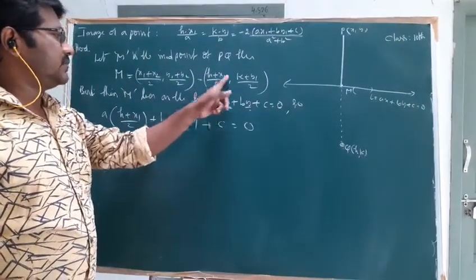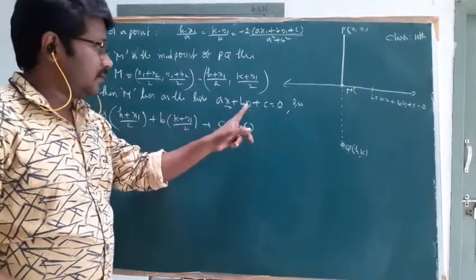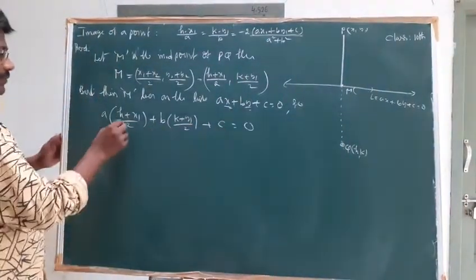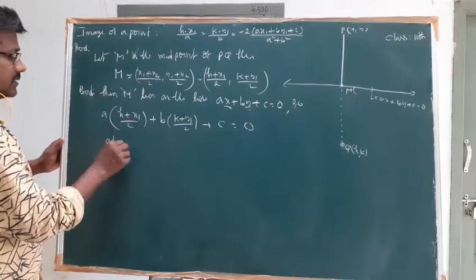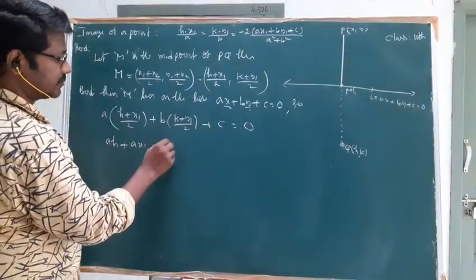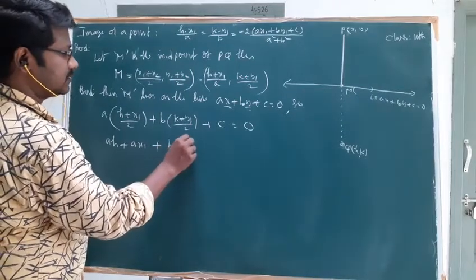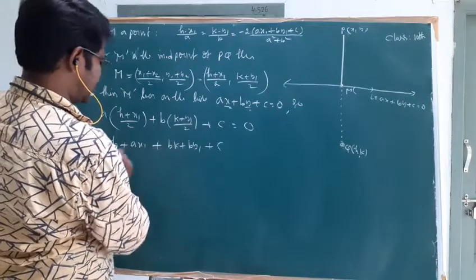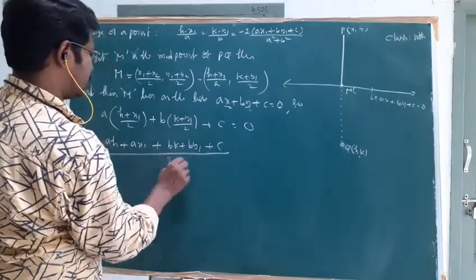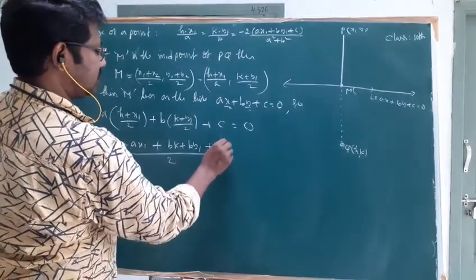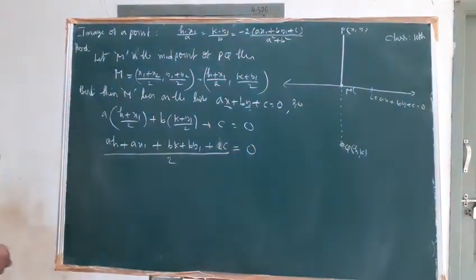Simplify, taking LCM 2: (ah + ax1 + bk + by1 + 2c)/2 = 0.